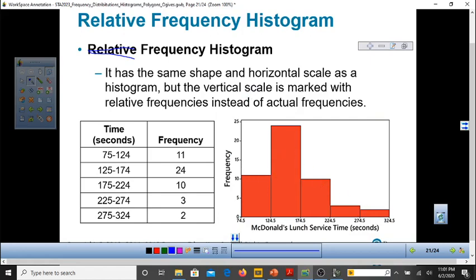So this is the frequency histogram, not the relative frequency histogram. So in this case, we're looking at a frequency histogram. We have a frequency histogram here.